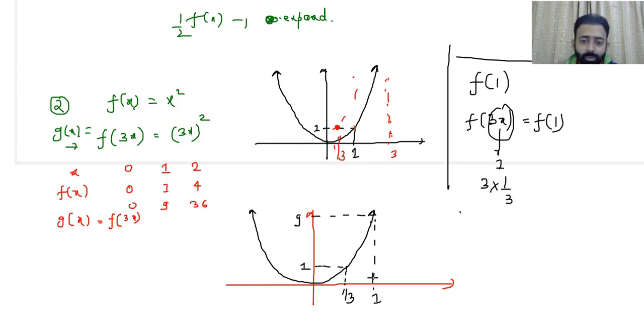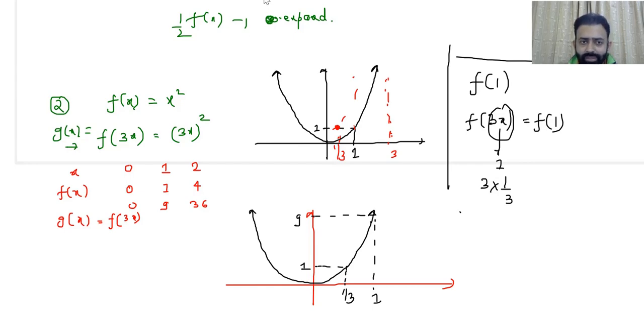Then only will we be able to change these coordinates of the x-axis. And how are we changing this? We are just dividing each corresponding x by 3. So in a nutshell, there are two or three more transformations. Let us do all of those again, and we will summarize all these transformations in a single slide later on.